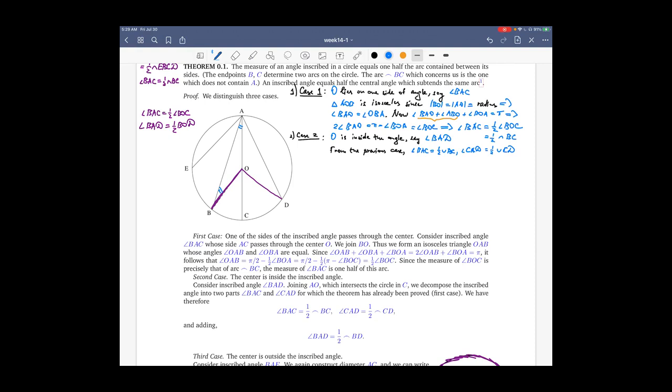Now, the desired angle BAD simply is the sum of BAC and CAD. And in fact, we just take these two equalities and add them up.